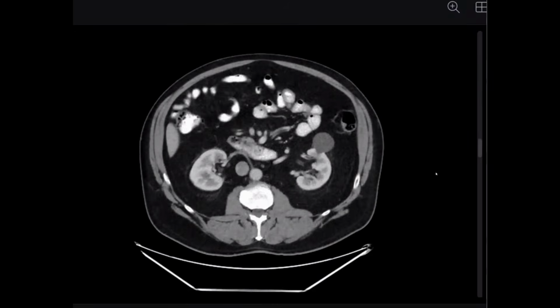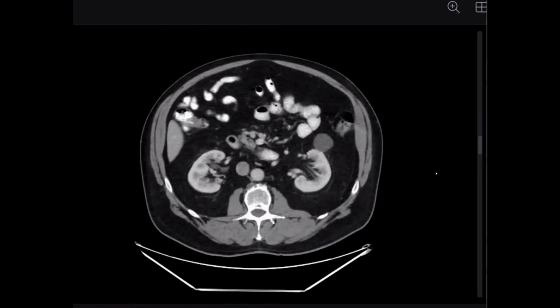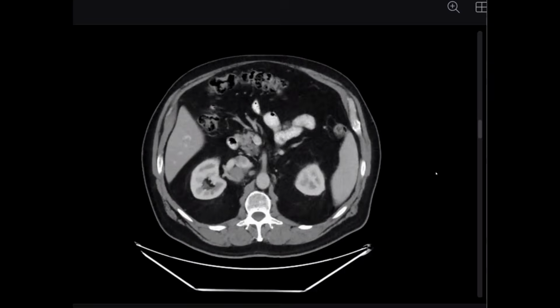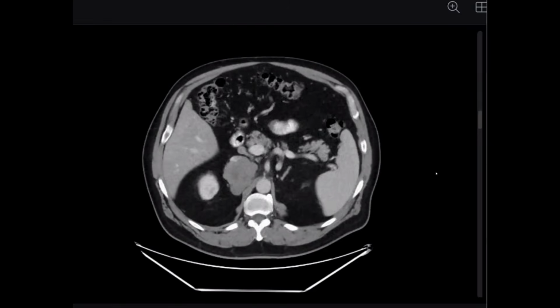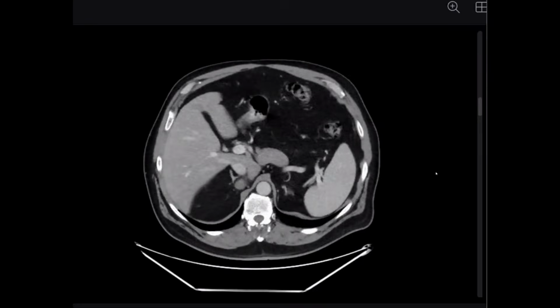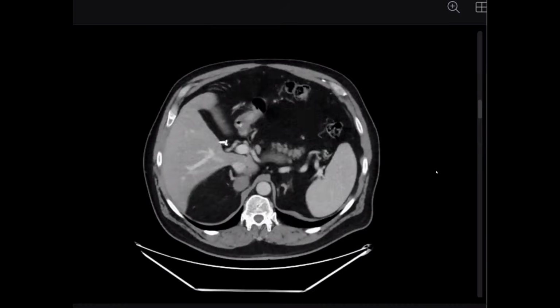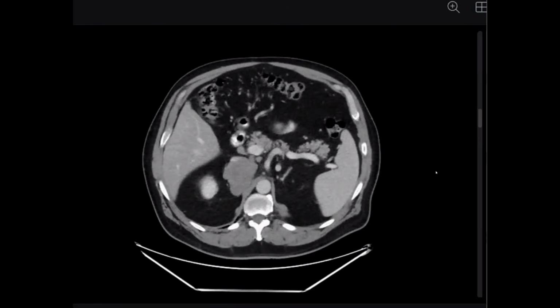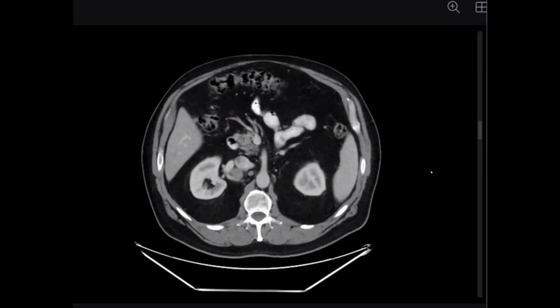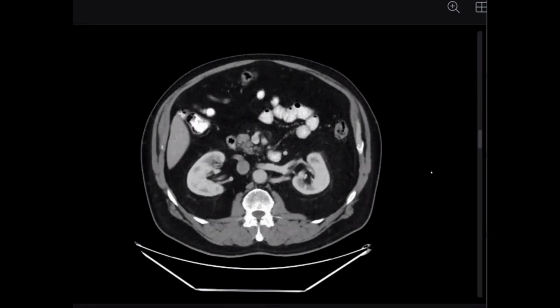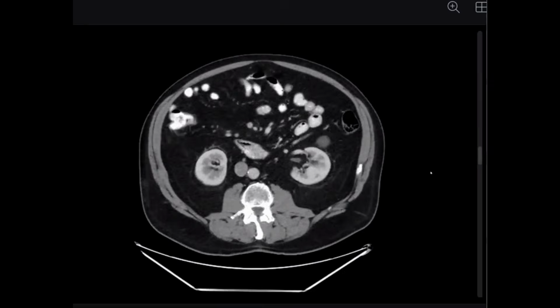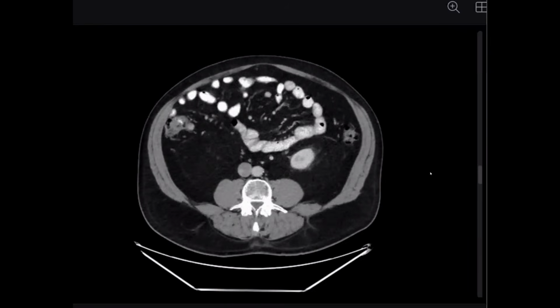And a cyst is seen in the left kidney. This mass is displacing the vessels anteriorly, especially the IVC, and also pushing the right renal artery anteriorly.